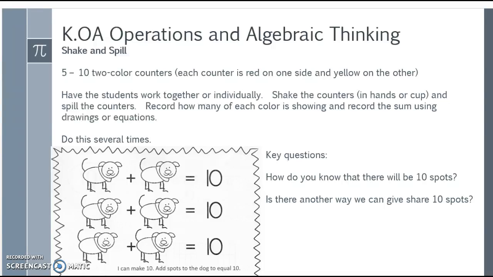Well, we know that there are multiple ways to build to 10 outside of just the 3 choices here. So ask students to compare, are there any other ways that we can share 10 spots? So are there more than just the ways that we have drawn? Perhaps have a conversation with their neighbor on how they drew their spots.